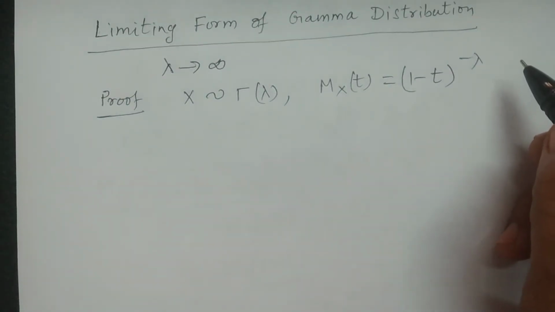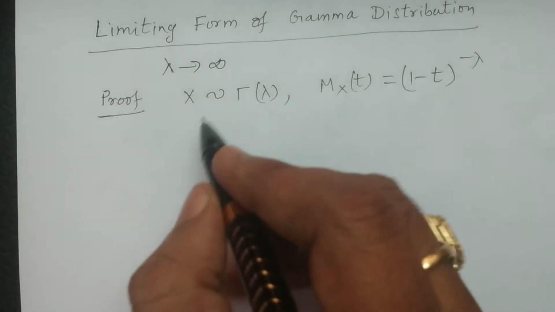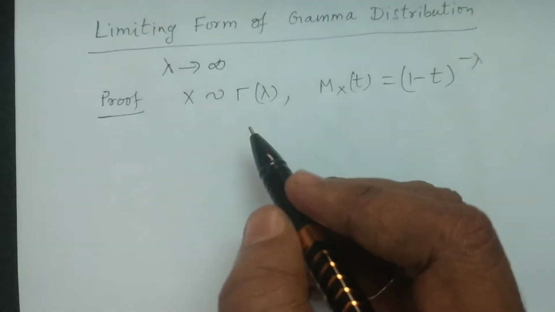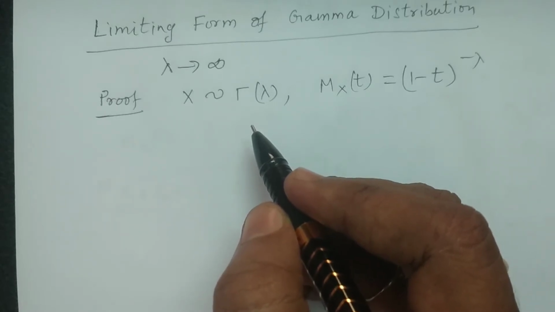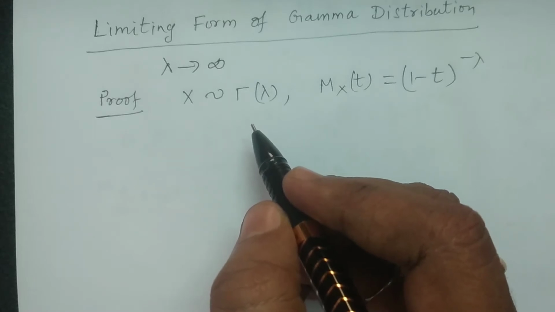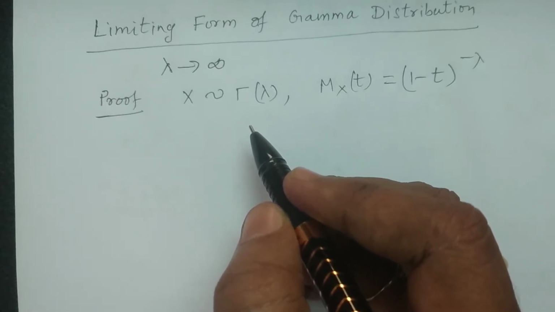Now we consider the standard gamma variate. If you recollect, for many of the limiting forms to the normal distribution, we consider this same format.